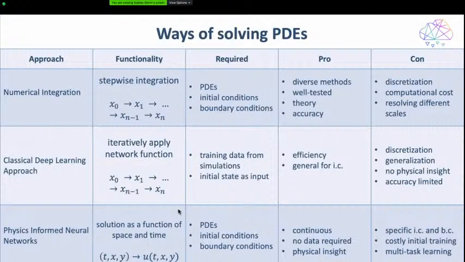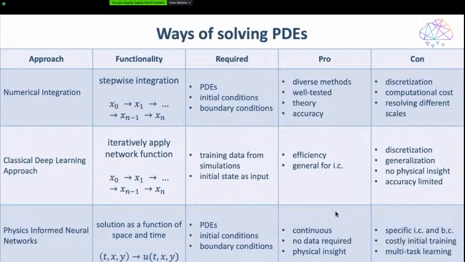And for that, we use loss terms that consider the partial differential equations, the initial conditions, and the boundary conditions. And the advantage is that we don't rely on a discretization. We don't need training data from simulations, for which we usually need a lot, which is not always given. And also we use the physical laws that are already well known and that are used in numerical integration.